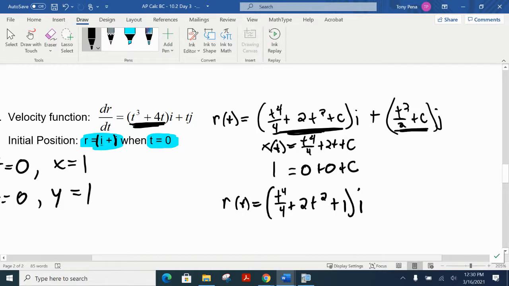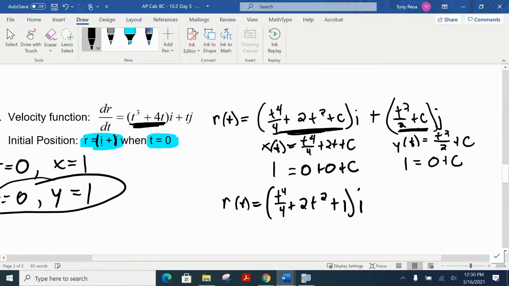The j coefficient right here, the t squared over 2 plus c, that has to be our y position, our y of t. We know y is going to be a 1 at the time of 0 from this over here. So we do those substitutions, and we see that that c is also a 1.